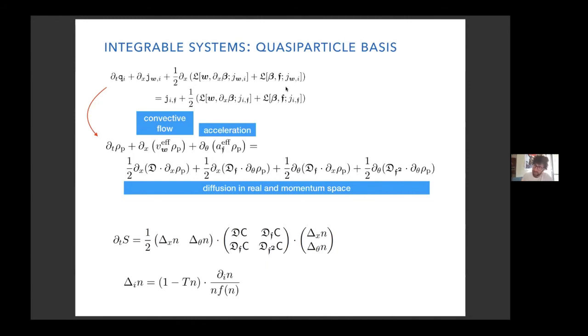There is momentum conservation if you apply this formula to a Galilean system. For example, hard rods or Lieb-Liniger are Galilean systems, and they have momentum conservation, and basically one of these charges will be momentum, and indeed the density in that case will have no diffusion exactly.